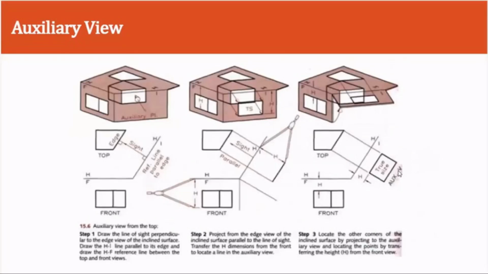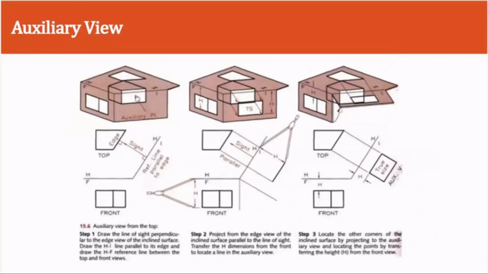Next, ano daw yung step natin ng pagdodraw ng auxiliary view. Step 1: draw the line of sight perpendicular to the edge view of the inclined surface. Draw the H1 line parallel to its edge and draw the HF reference line between the top and front views.